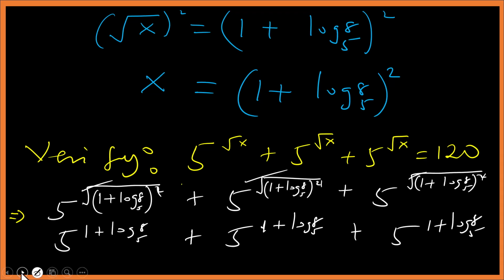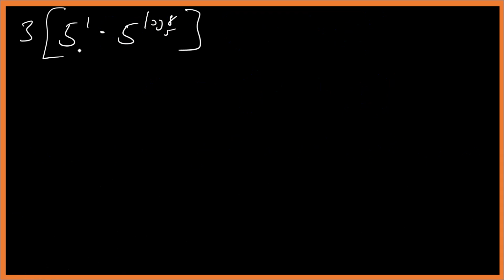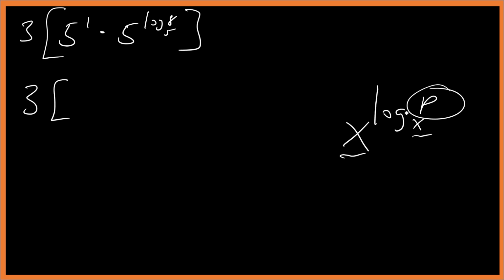All right, so from here, 3 brackets. So when we're given x raised to log p to base x, the answer will be p. In a similar way, 2 raised to log y to base 2, the answer is y. Now let's observe this. 5 raised to log 8 to base 5 is 8.